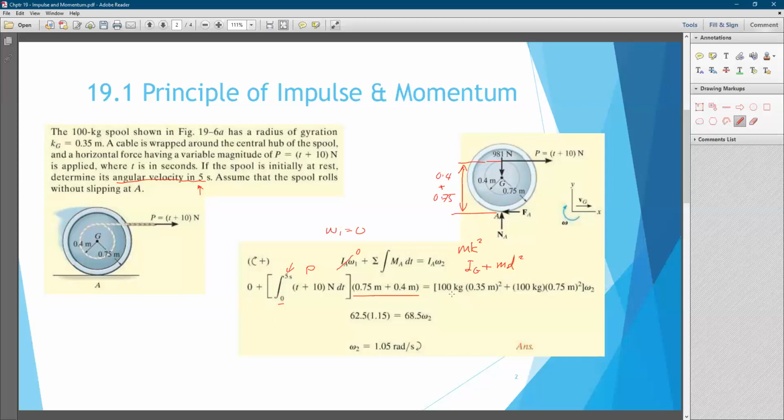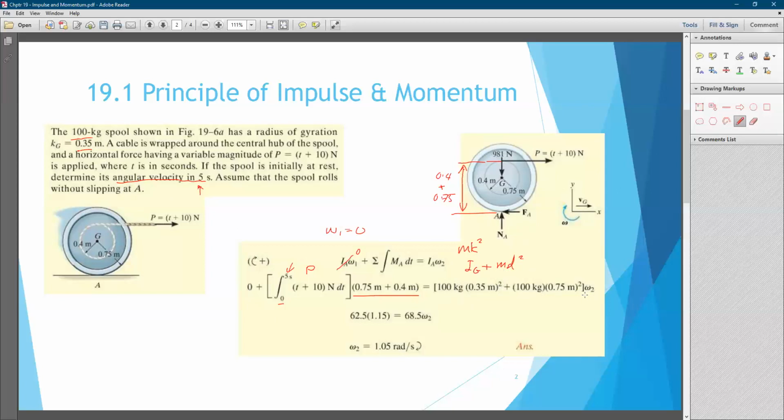So M is 100 kg given here. K is 0.35 squared, plus M D squared, where D is the distance from point G to point A, so it is 0.75.